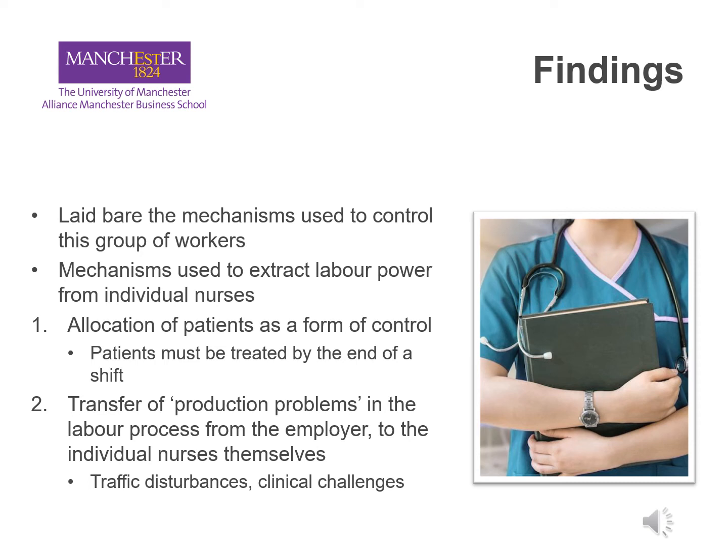So these were just two examples, the allocation of patients and that transference of the production problem to the nurse, that were mechanisms to control the nurses and also ultimately to extract more labour power from each individual nurse.